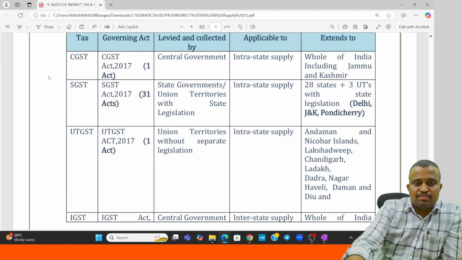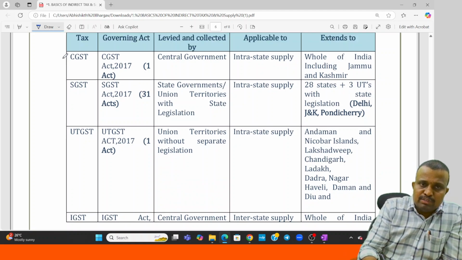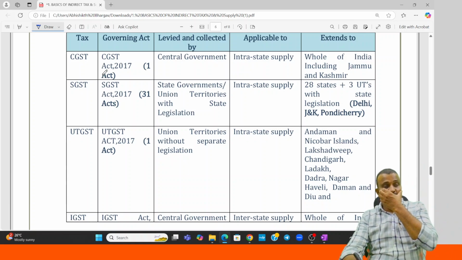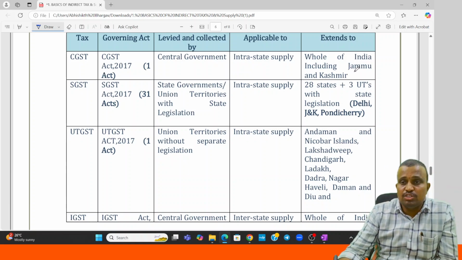And as we discussed, four types of GSTs are there. First, CGST. CGST is levied as per the CGST Act 2017, and it applies to the whole of India, including Jammu and Kashmir.